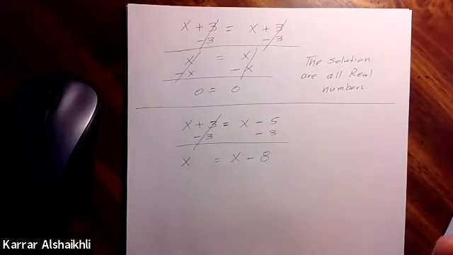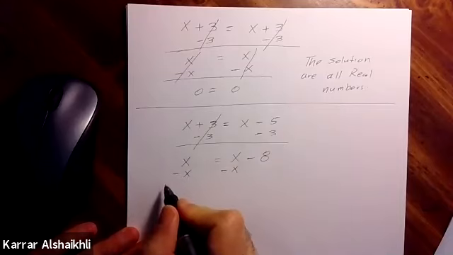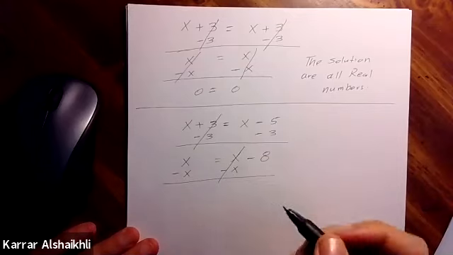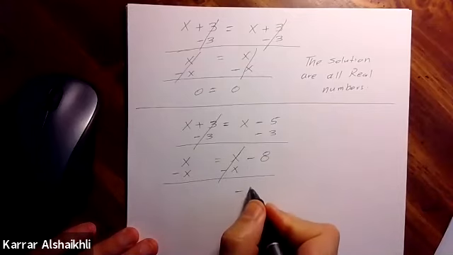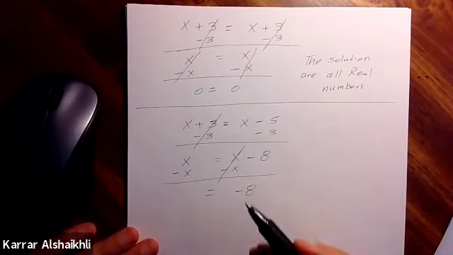Now, next step, I need to move the variables to the left side. So I'm going to say minus x, minus x. This is canceled. The leftover from this side is going to be negative 8, equal x minus x, which is going to be 0.